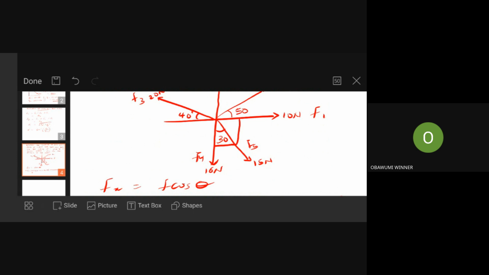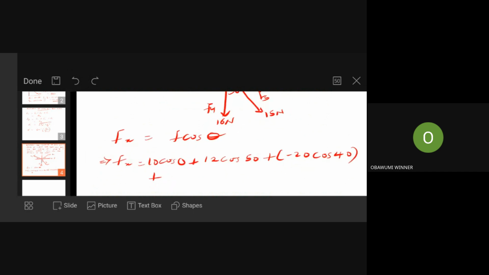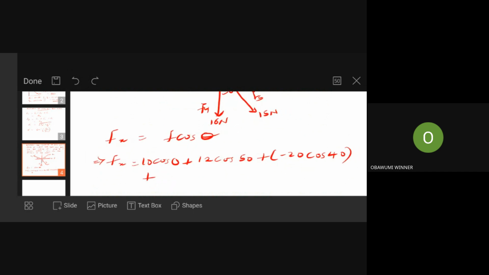So 16 Newton is inclined at angle 90 degrees with the horizontal. Don't forget. All right. So I have that F4 is 16 cos 90.